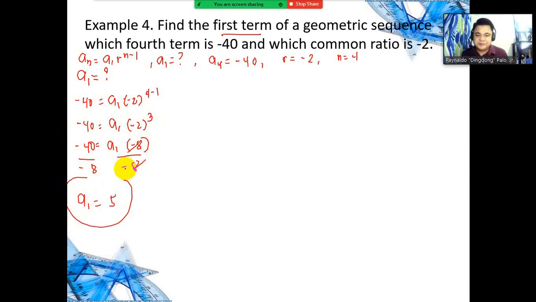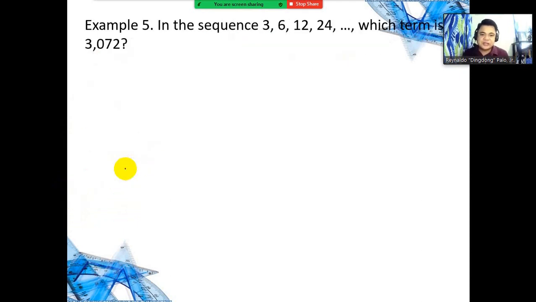Alright, let's proceed. In the sequence 3, 6, 12, 24, which term is 3072? So in this case, guys, we will be solving for which term. The last term or the indicated term is given, which is 3072. All we need to solve is the value of n. That's the unknown.